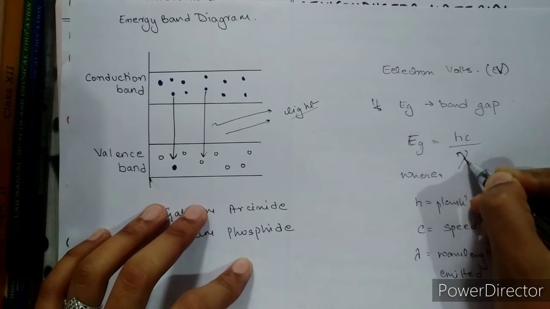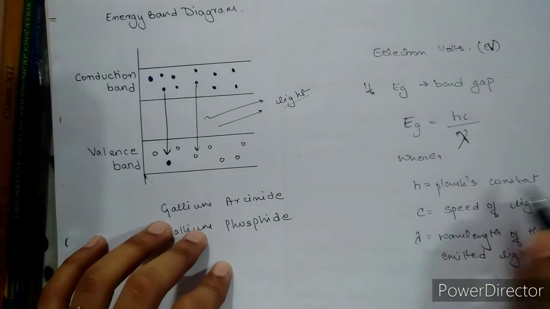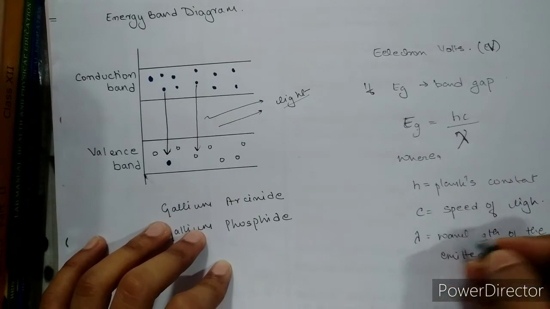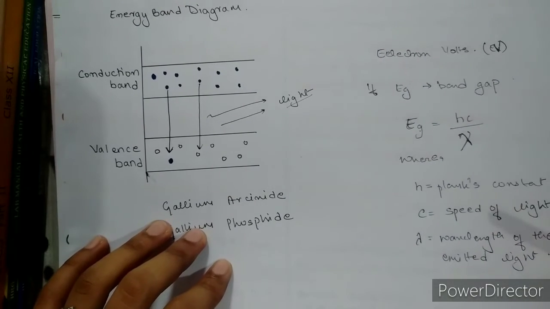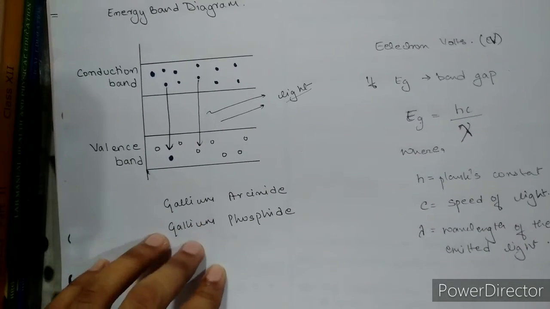This is lambda, not mu, lambda. And we know that h is Planck's constant, c is the speed of light, and lambda is the wavelength of that particular light emitted.